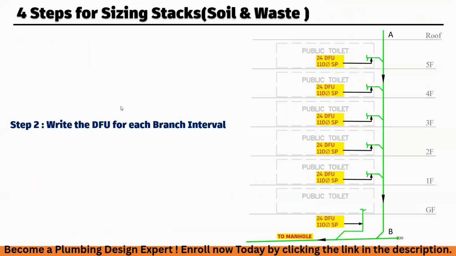So coming to step 2, write the DFU for each branch interval that we did. That is 24 for all 4, and for the ground floor, again 24 because the layout is typical.